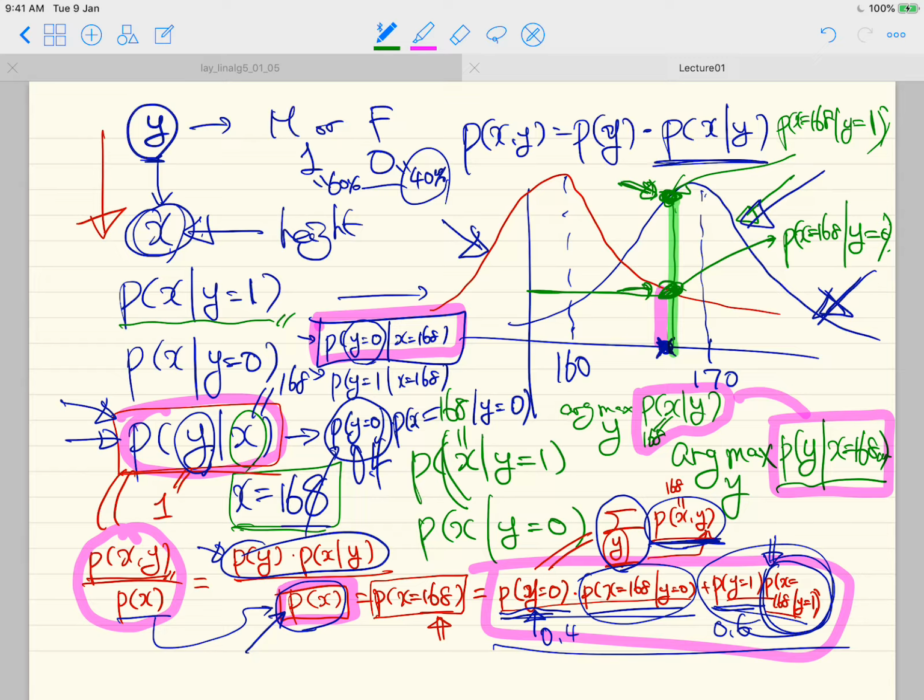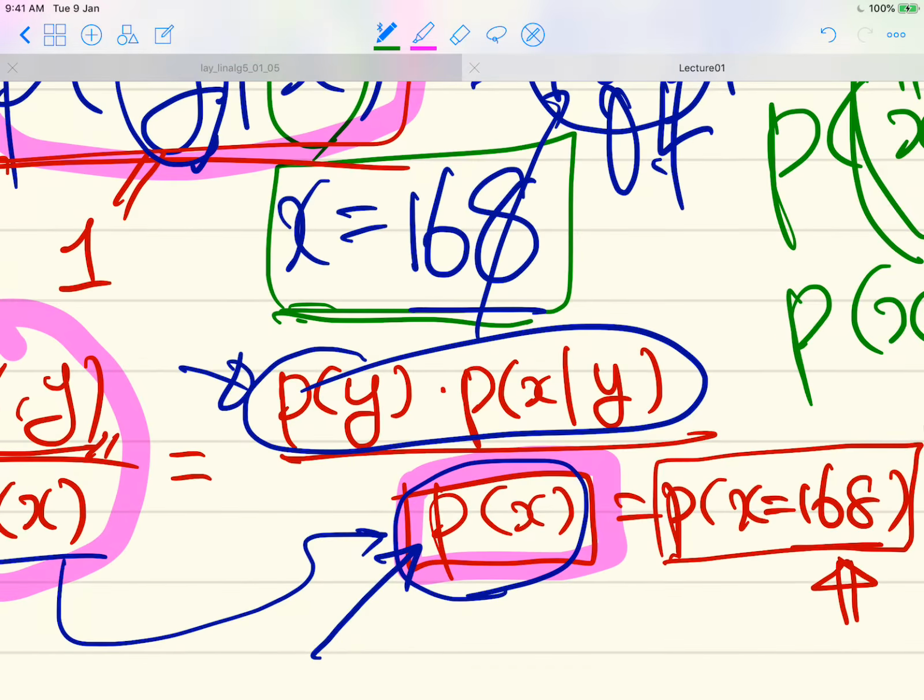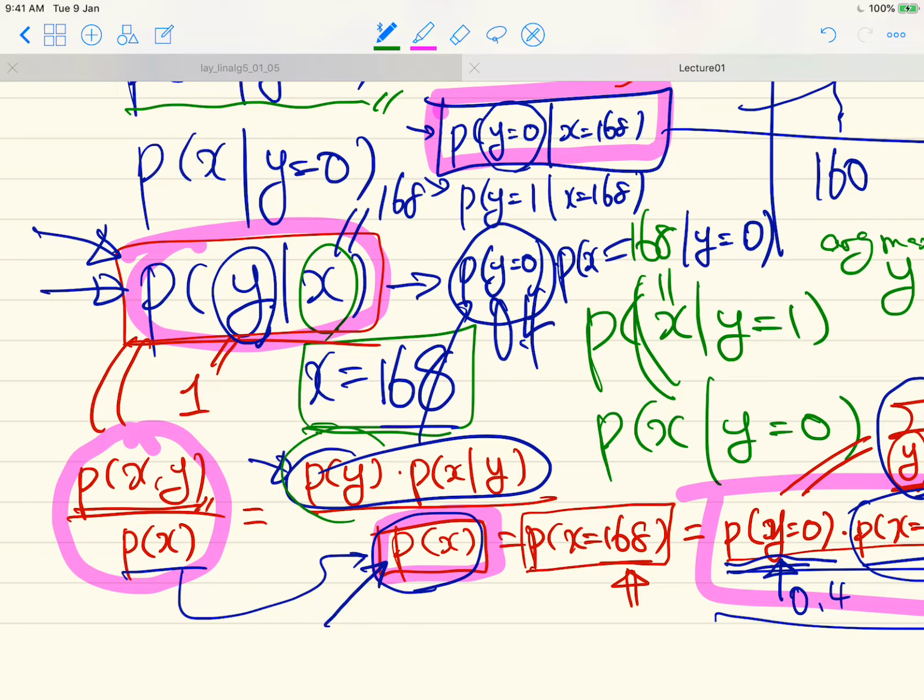Suppose this guy is 0.6, for example, or let me use 0.7. And then this numerator: when y is 0, we defined it as 40%, so 0.4. And this guy, when y is given as female, what's the probability of observing the feature value of 168?